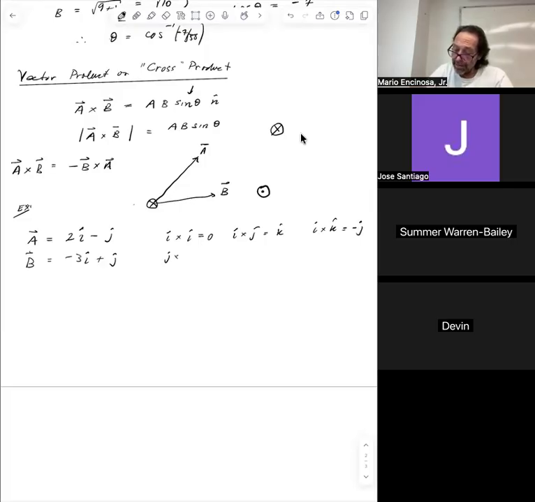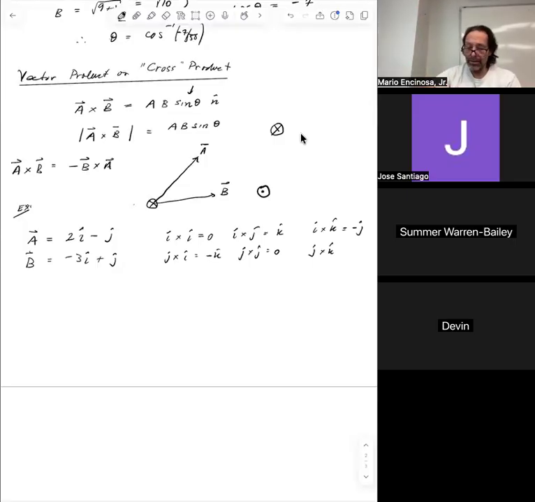J hat cross I hat, I don't have to recalculate. I know that's minus K hat. J hat cross J hat, I don't have to calculate. I know immediately that's 0 because the relative sine of those two vectors is 0. J hat cross K hat. J hat is up, K hat is out. Thumb of purpose points to the right.